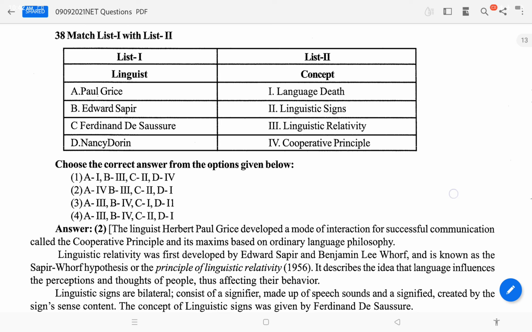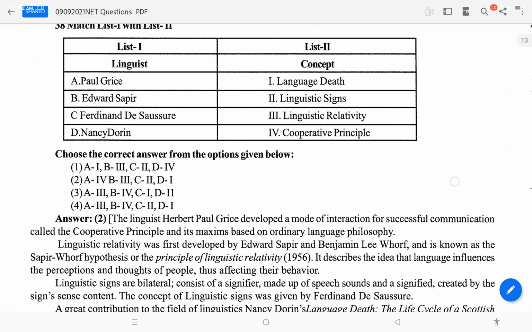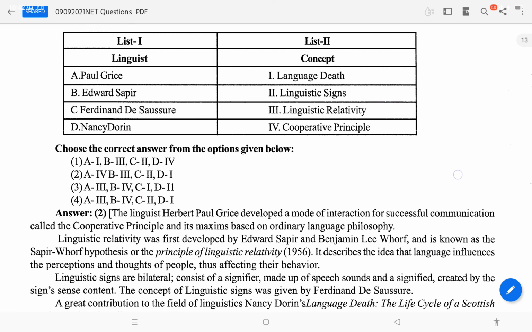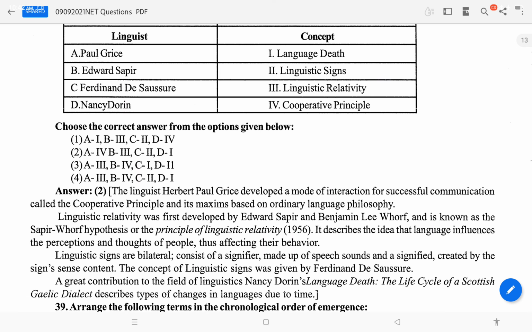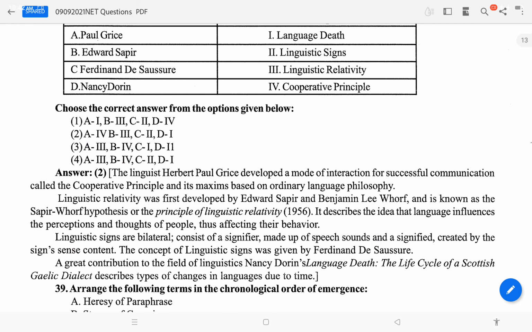Let's see question number 38. You have to match it. The linguist Herbert Paul Grice developed a model of interaction for successful communication called the cooperative principle, and its maxims, based on ordinary language philosophy. So Grice goes with the cooperative principle.